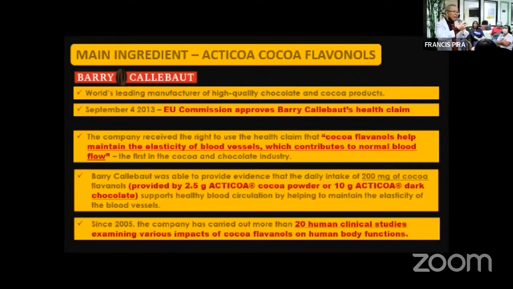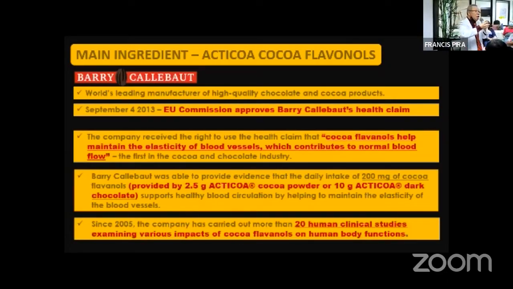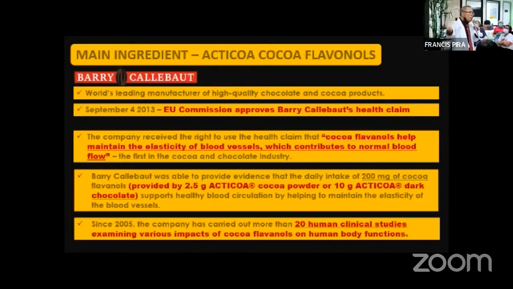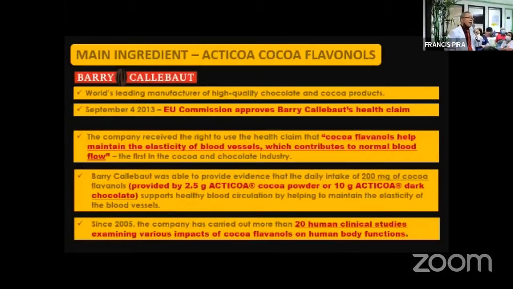If your blood vessel is elastic, it can always give way for stretching so that the blood pressure will be maintained. Even if the blood circulates faster, the blood vessel will be stretched, so that the stretching of the blood vessel prevents the occurrence of high blood pressure. Good or very good? Very good.